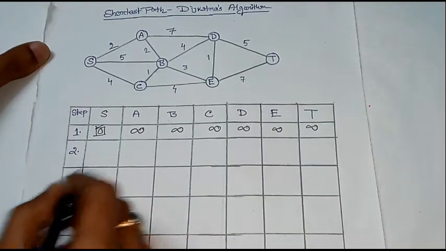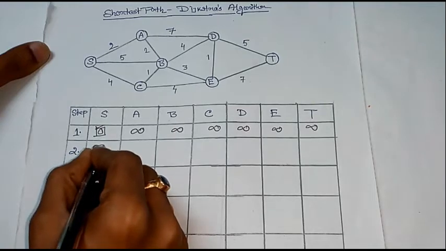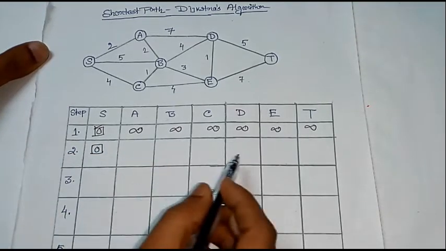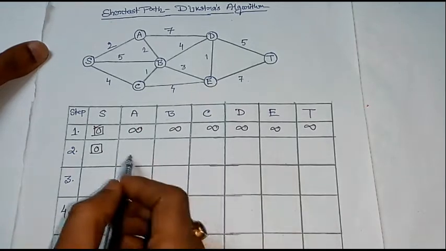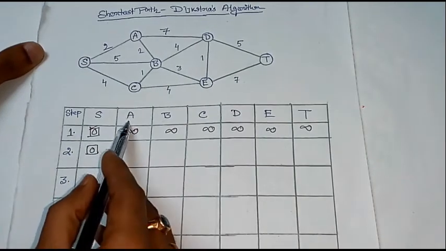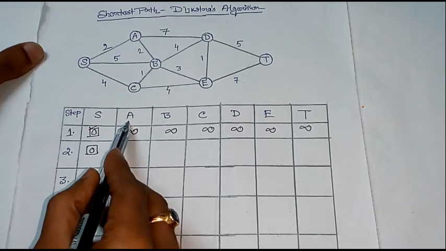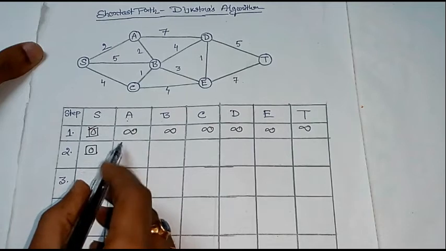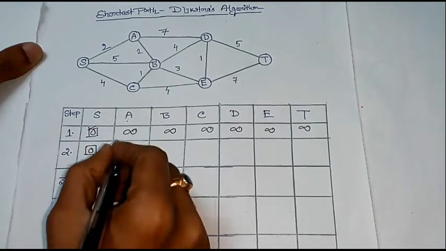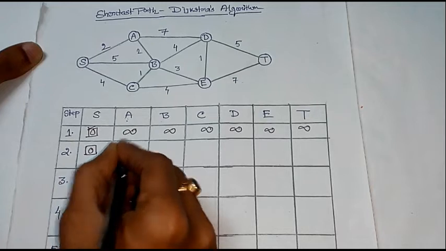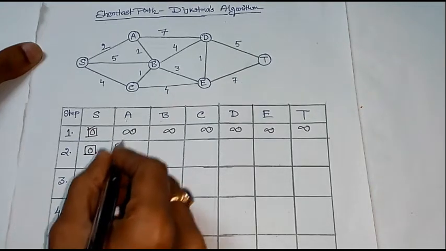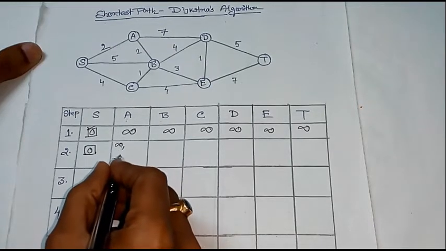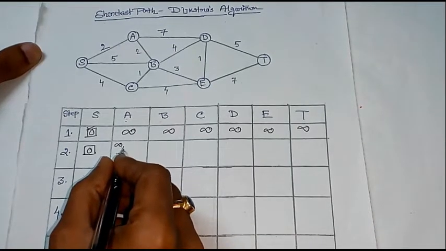Now consider step 2. Because this level is permanent, we put this level and then we have to compute the remaining values for the vertices. First of all, consider the vertex A, and the rule is if there exists an edge between S and A, then the value will be the minimum of one value, the previous value of A, that is infinity, and then the permanent level of the previous step.